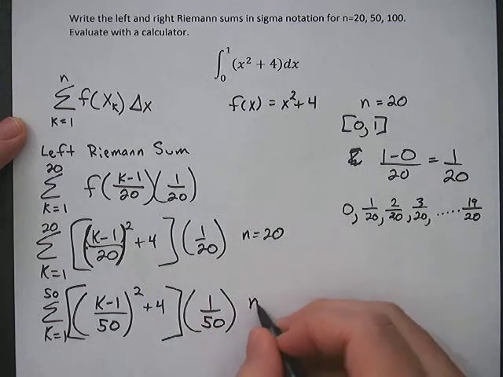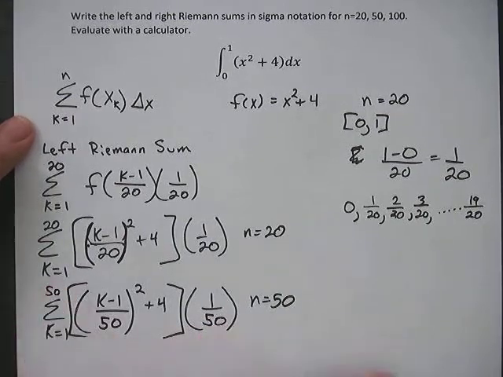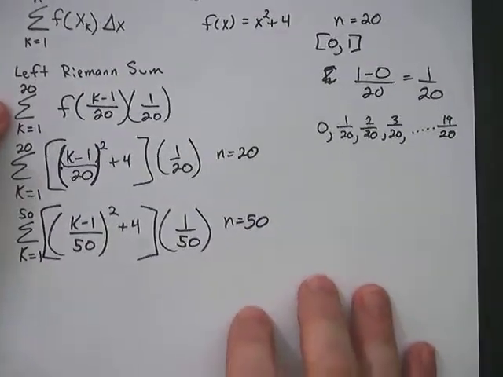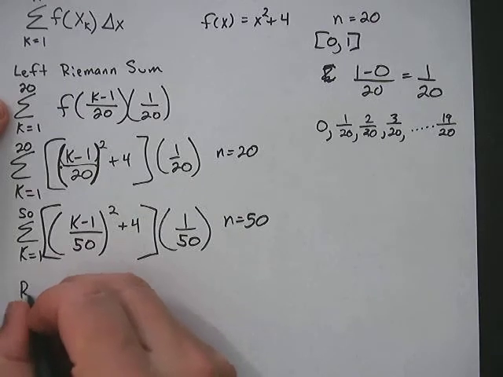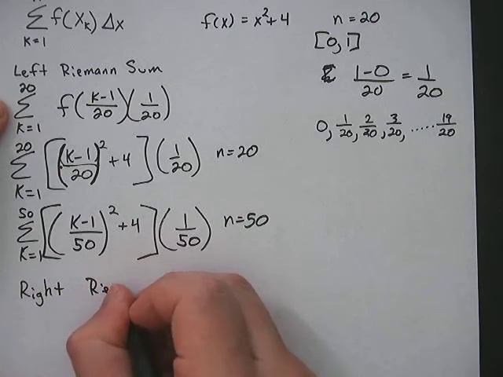So that's for n equals 50, and of course the 100 would be the same, with 100 in here. All right, let's do the right one before we go into our calculator. So the right Riemann sum.